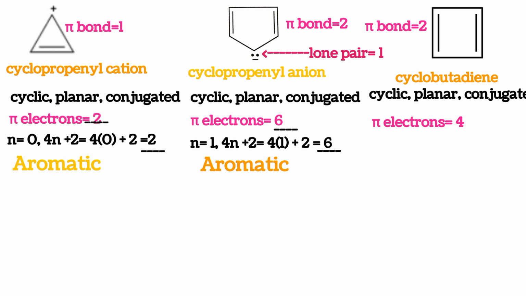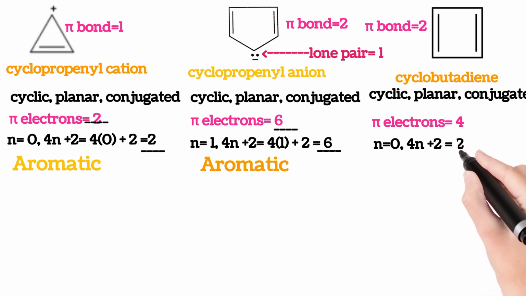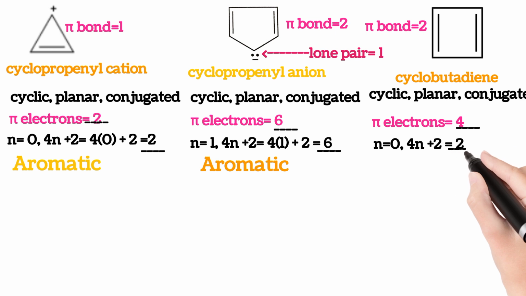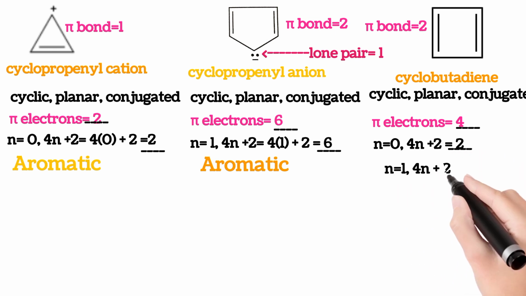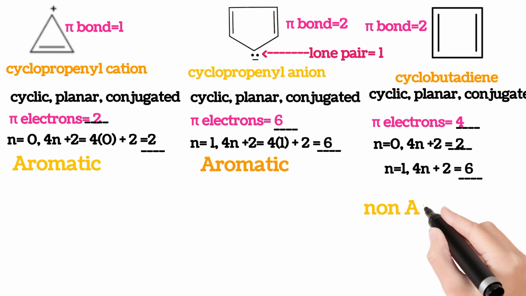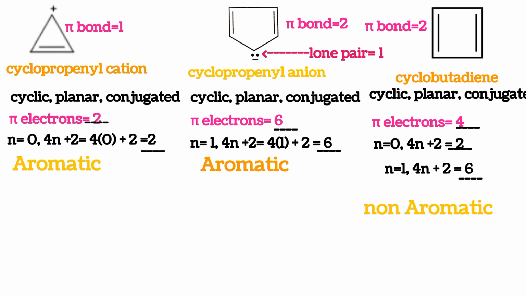Therefore, 4n plus 2 electrons, if n is equal to 0, will be equal to 2. So the number of pi electrons is not equal to 4n plus 2 pi electrons, and therefore it is not going to be aromatic. And if you say n is equal to 1, it is still 6. So 6 is not equal to 4. Therefore, the compound is not aromatic.